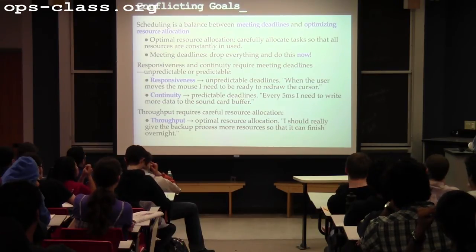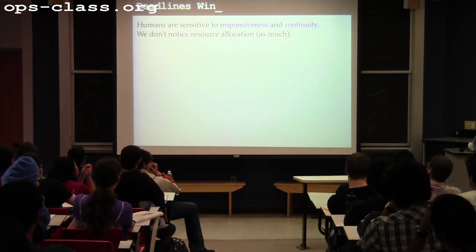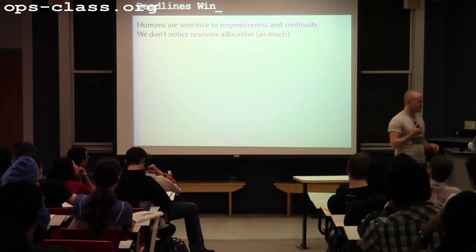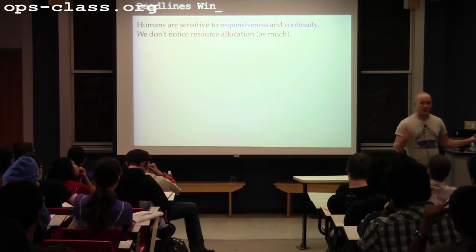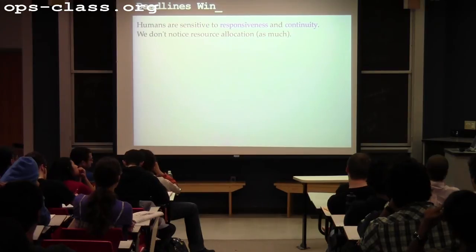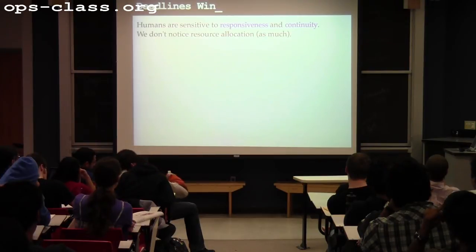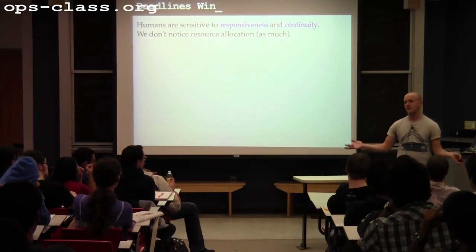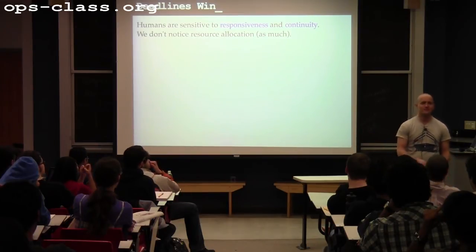So that's just a little preview of what you will hear about on Friday, right? And as humans, we tend to prefer responsiveness and continuity. You notice when the system stops being interactive. You notice when the video starts to get hiccupy. You don't necessarily notice how long the backup took, whether it took 4 hours or 6 hours. As long as it happened, you're cool.